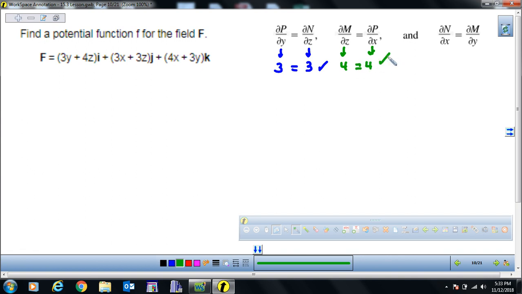So we get the same thing. See? Now right here, the derivative of the N component, which is the k component, with respect to x is going to be 3. And the derivative of the i component with respect to y right here is also going to be 3. Since it is the same, all 3 tests are satisfied, that means that F is conservative.